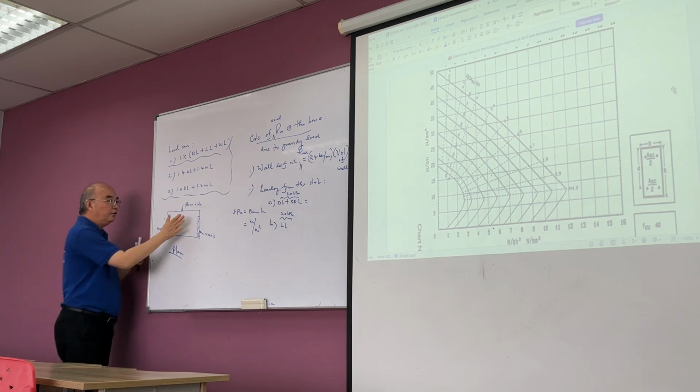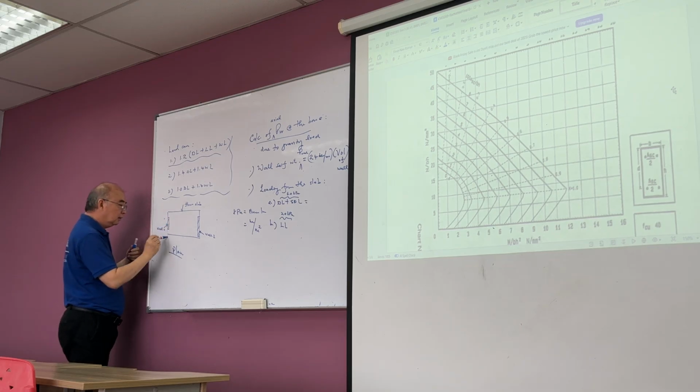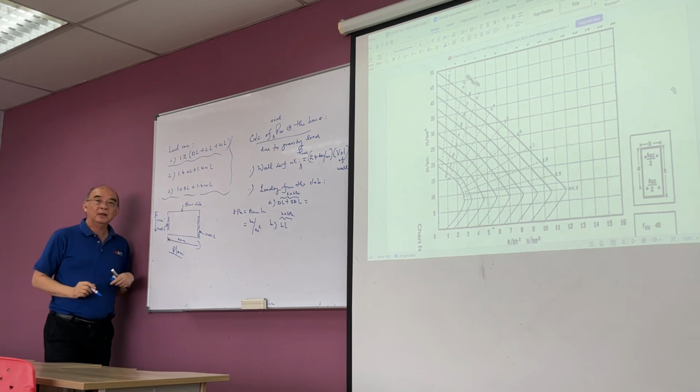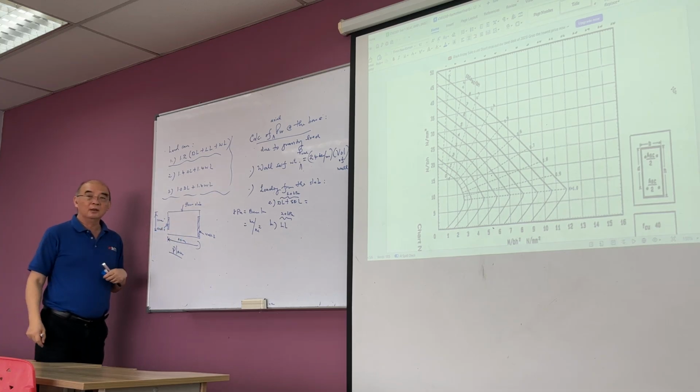So I give you the area load, and you need to find the load. Let's say I give you 20 meters and 10 meters, so the total slab area will be 200 square meters.